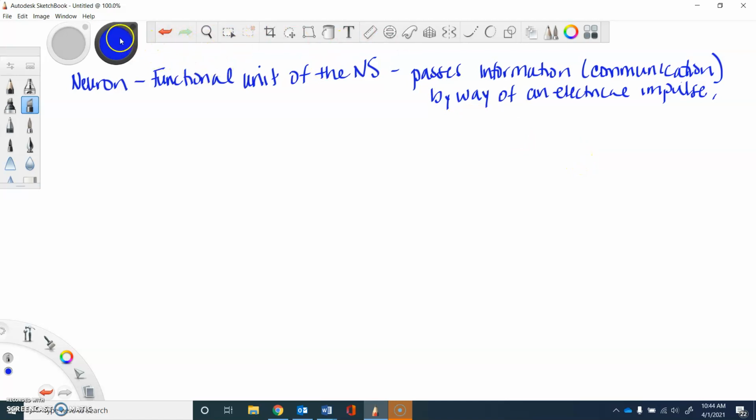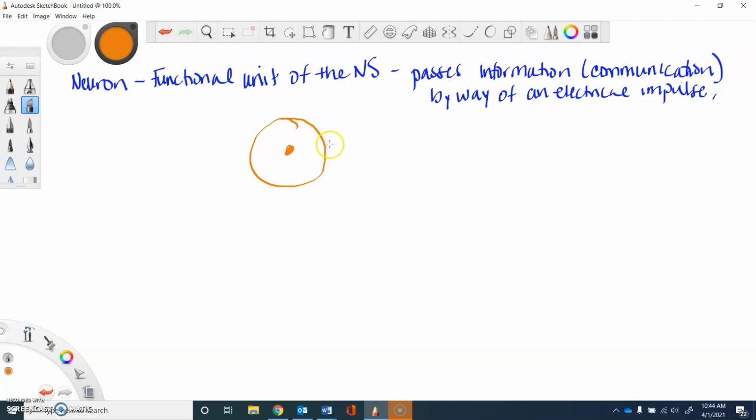And when we looked at the neuron in the tissue chapter, if you remember, the neuron is just a cell. It's got a cell body, it's got all of that stuff, just like any other cell, but it just looks weird. It has a cell body, has a nucleus in it, and then if you remember, it has those weird projections off of it, extensions.